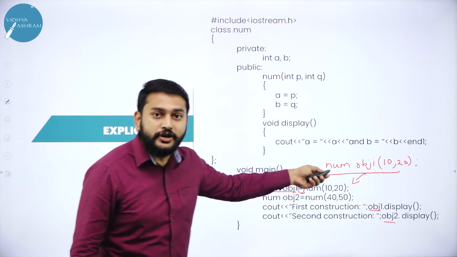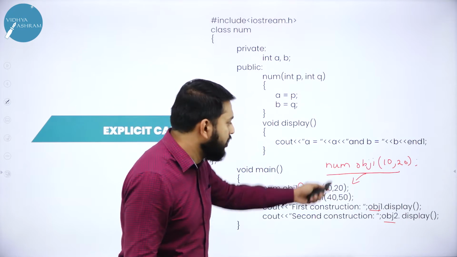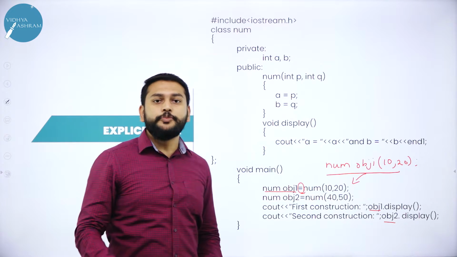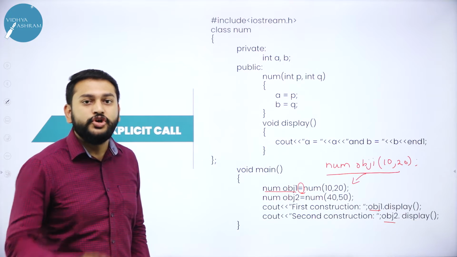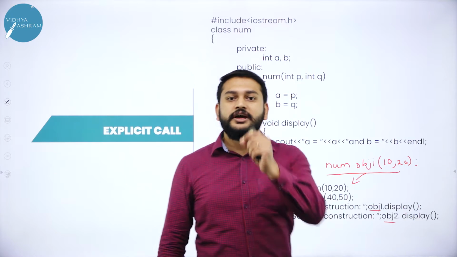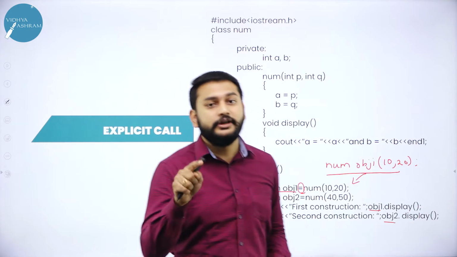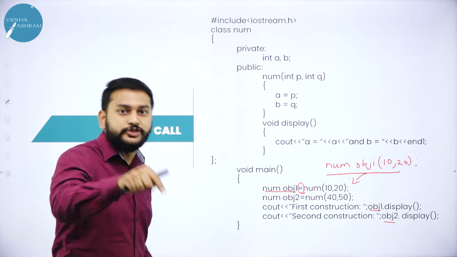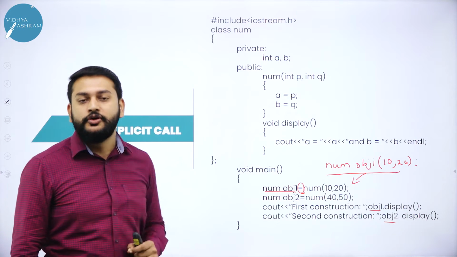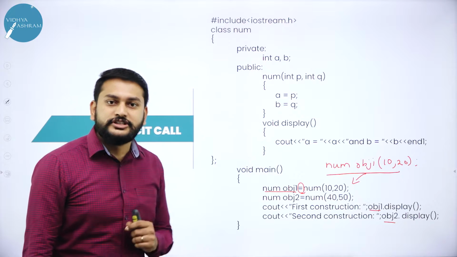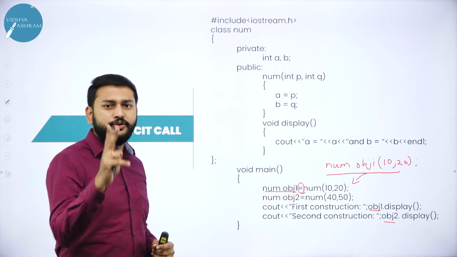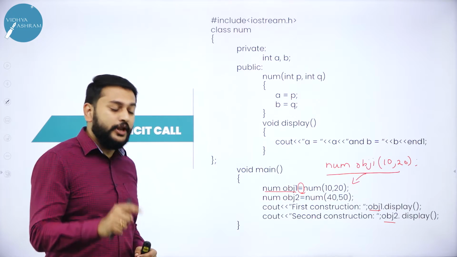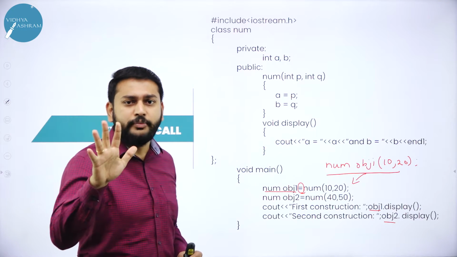What is the syntax for implicit call? I should write the class name and the object, and inside that object I should pass the parameters, whatever I want to pass for the constructor, to invoke that particular constructor. That is very, very important. Just one single line that you need to understand will help you score 5 marks, my dear students.